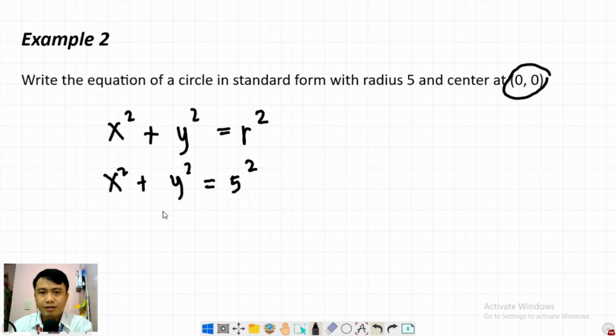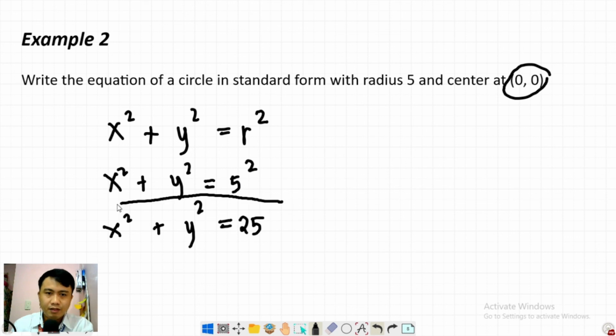So, 5 squared. Baka hindi nyo pa alam kung paano mag-squared, no? Ibig sabihin ng 5 squared, 5 times 5. Kasi dalawang beses. May 2 tayo dyan, this is the exponent, ibig sabihin, dalawang beses natin i-multiply yung base. So, 5 times 5, that is 25. See? This is our equation.